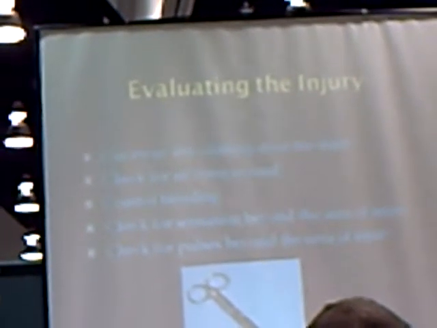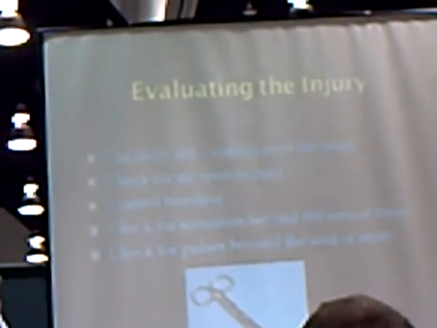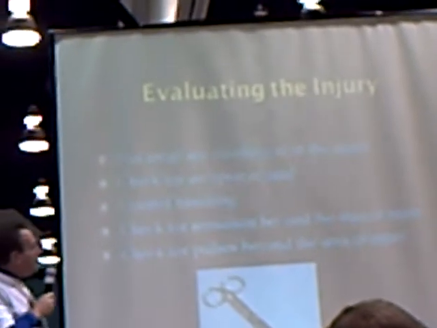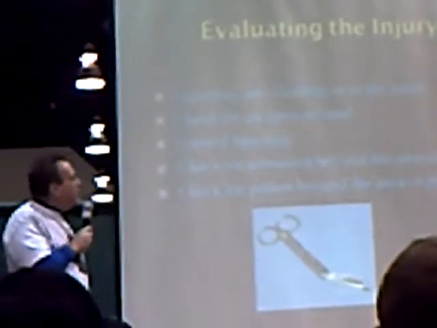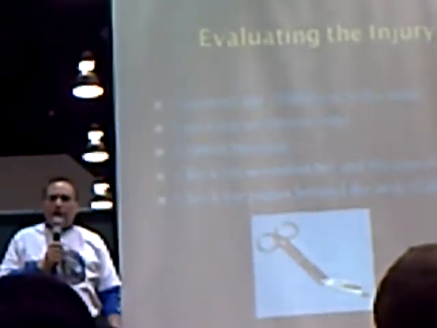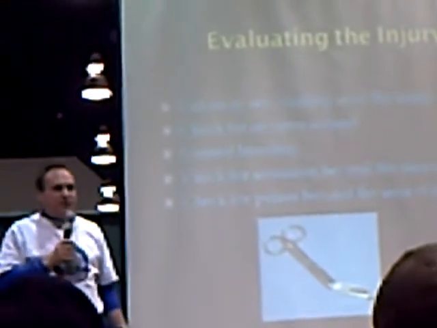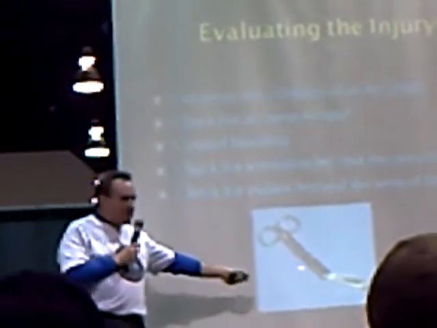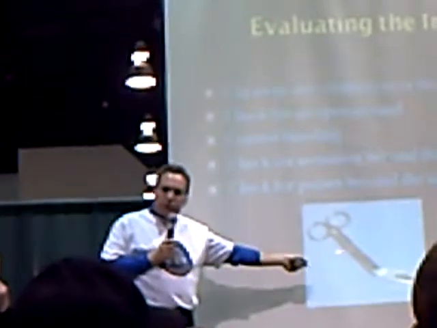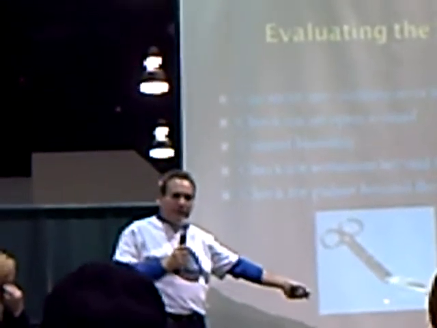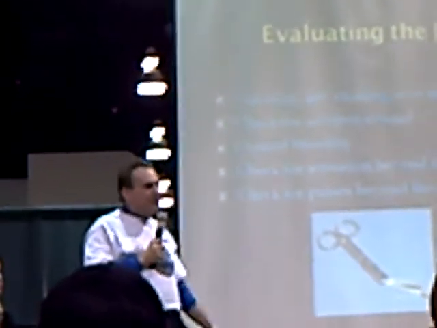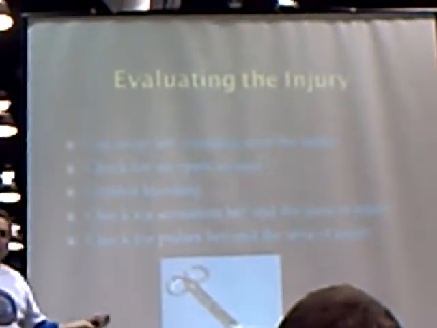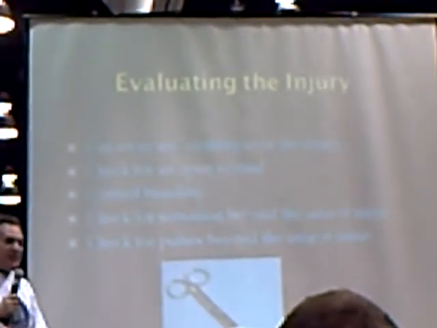Now, to evaluate the injury, when you see somebody that may have a serious musculoskeletal injury, you want to cut away any clothing over the injury. Why would you want to take your bandage scissors, which is compulsory, by the way? You better have one of these, and you should get one that's at least 7 inches, and it should be made all of metal, because we're testing a few of them.